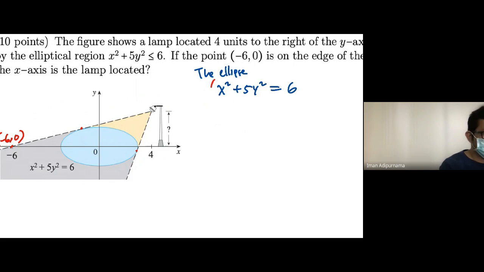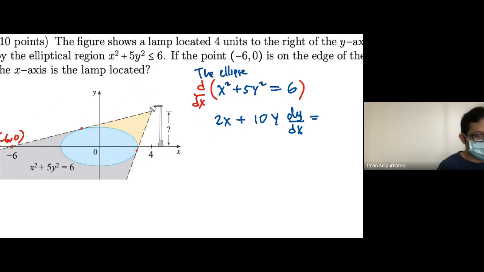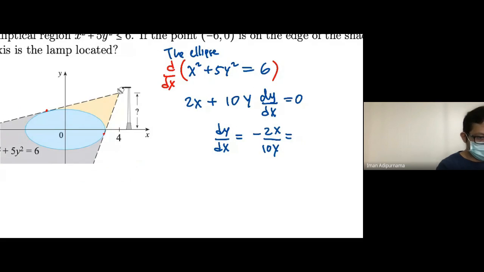So first, from the ellipse, we take the derivative implicitly. So 2x plus 10y dy/dx equals 0. So dy/dx is equal to negative 2x over 10y, or negative x over 5y. This is our slope relation with x and y.